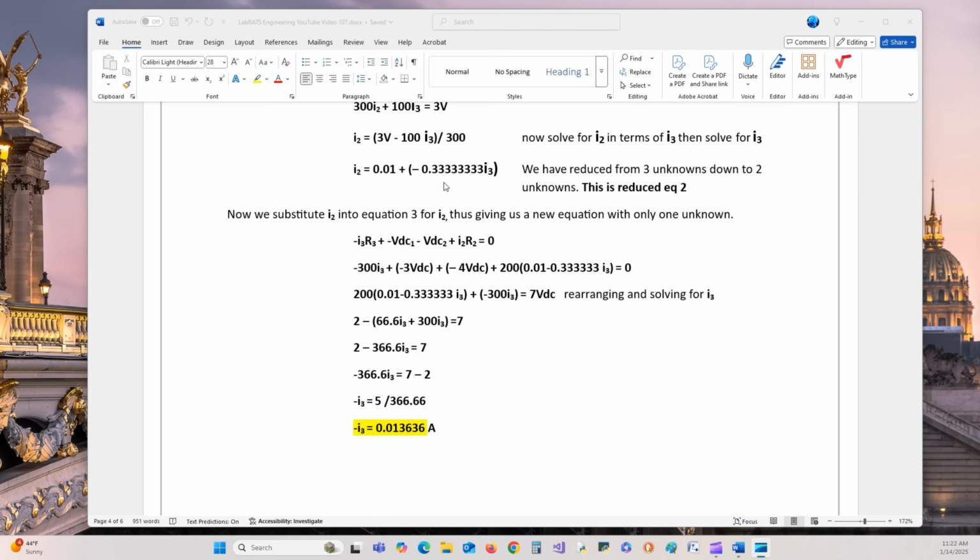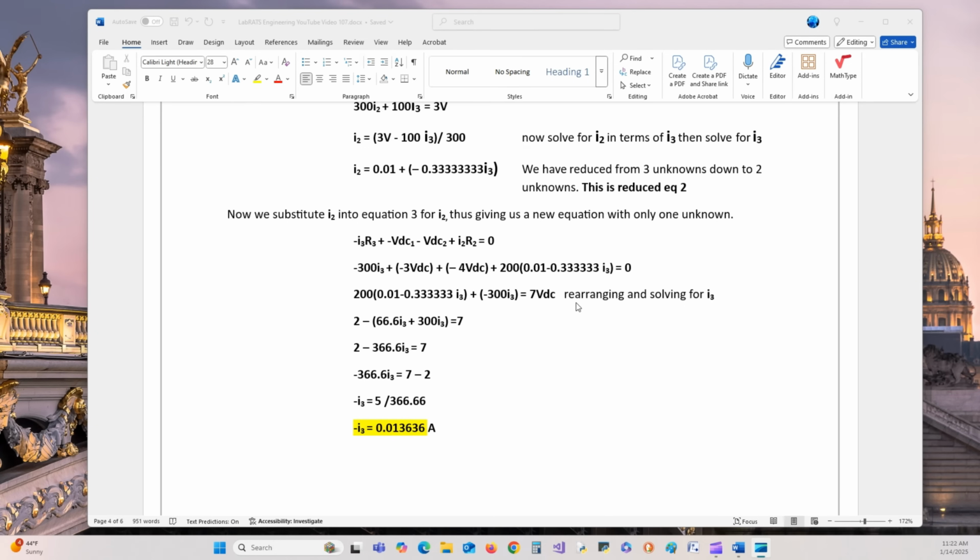We substitute this in for I2, giving us a negative 300 I3 plus negative 3 volts DC minus a negative 4 volts DC. Remember, we're not dropping our signs because we don't want to miss any, times 200, R2, times I2, which is 0.01 minus 0.3333 I3.